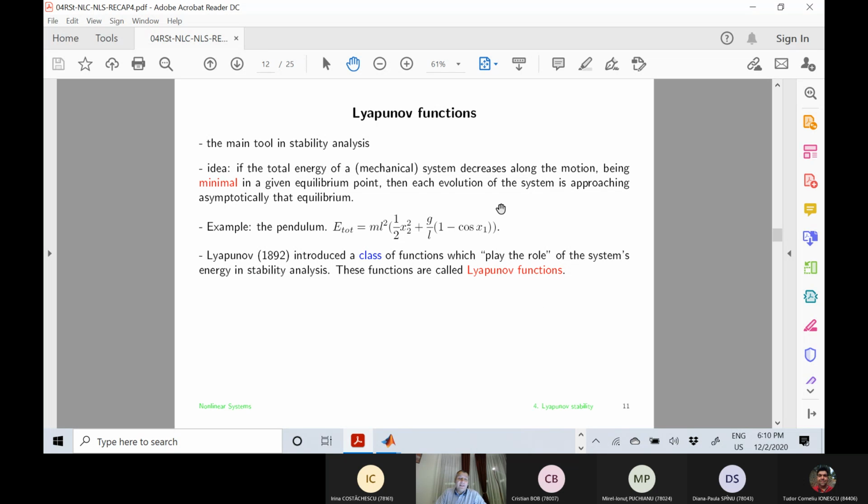A small historical insight. And Tudor, I will ask you, did you make any computations regarding the total energy and the pendulum? Should I take this over? What do you think? Tudor left. Yeah, the question is, did you have any insight of how to get the energy function for the pendulum or not?